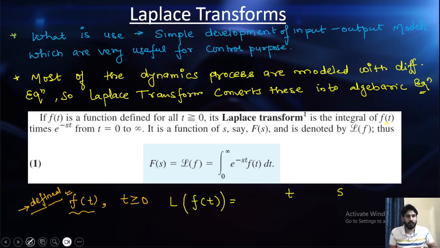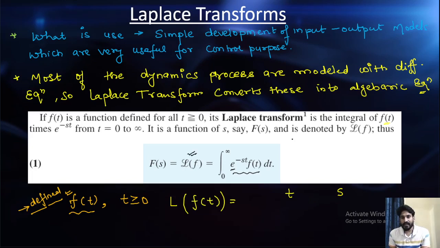To calculate the Laplace transform of this f of t, first I have to multiply by e raised to the power minus st, and then integrate this function from 0 to infinity. Whatever value we get, we say that is the Laplace transform of f of t.